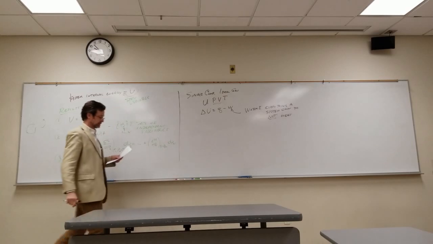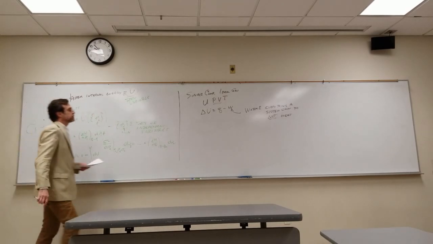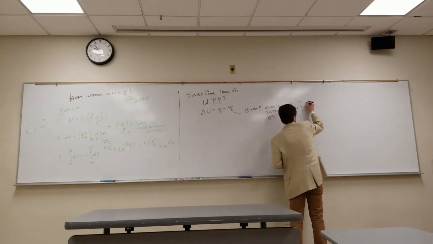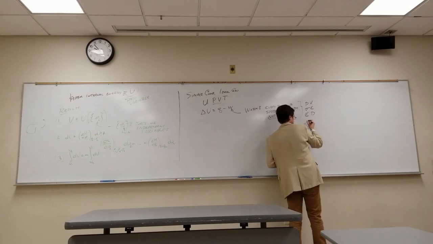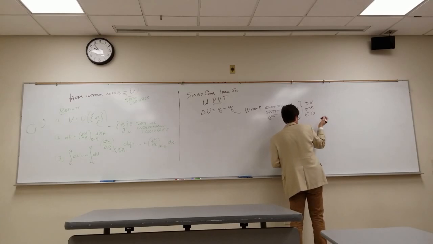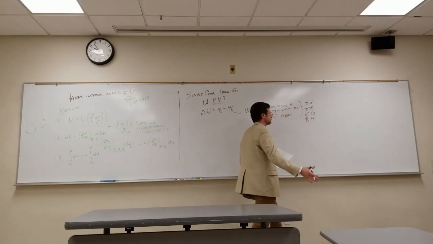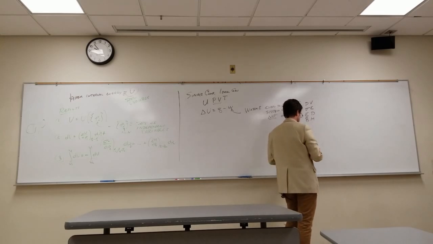In the case of real material systems, it has to do with stress, strain. It has to do with electric field, electric displacement. It has to do with magnetic field, magnetic field strength.